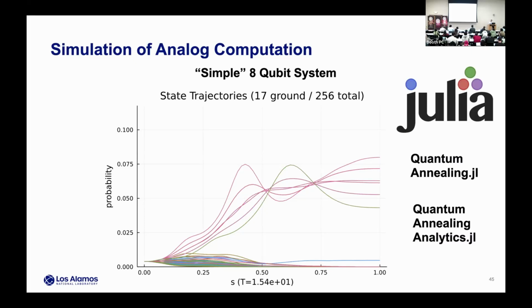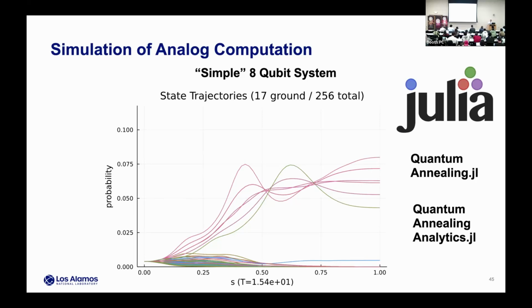These types of analog computations are really fascinating. And if you look at the non-adiabatic regimes, the out of equilibrium regimes, you see all sorts of bizarre oscillations. So we built this software. It can go to about, let's say, 12 or 14 qubits on a laptop.